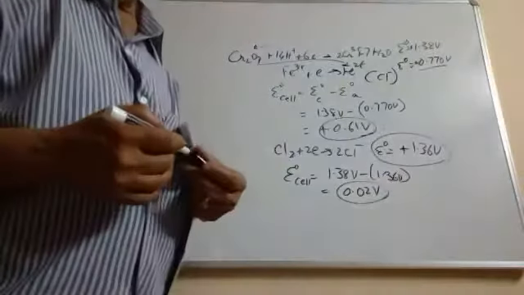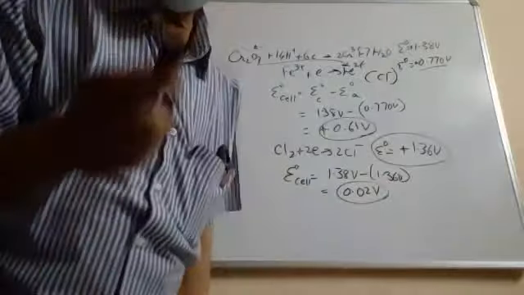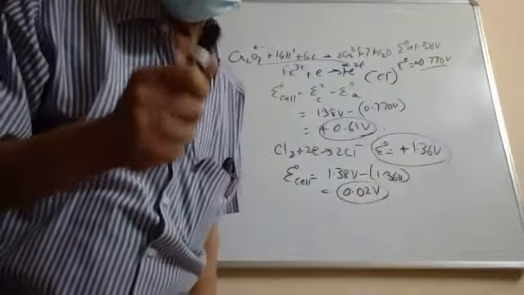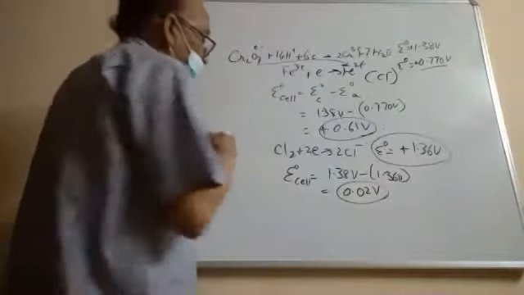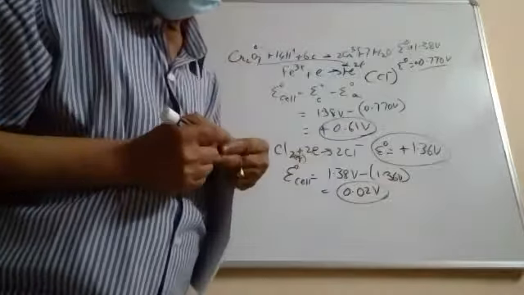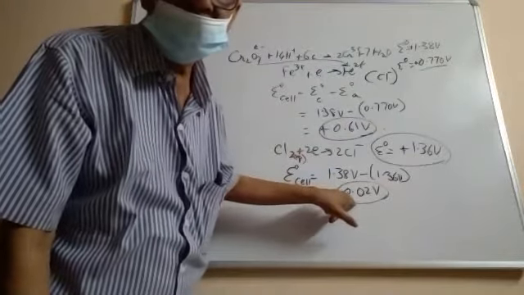Is that potential enough to drive a process? Those of you who paid attention to my previous lecture, where we talked about water potentials, and look at this reaction in which chlorine is a gas, so whenever you have gases involved, you need a potential minimum of 0.6 volts to drive the process.